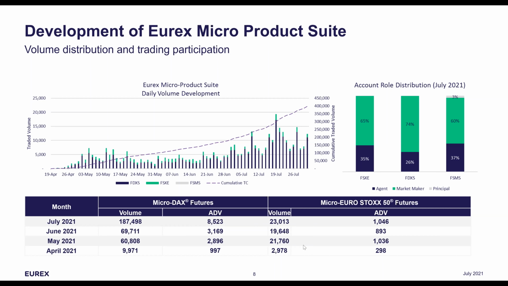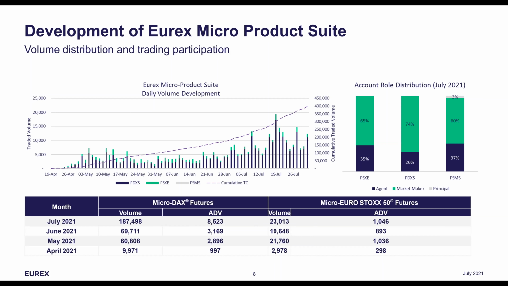How is the account distribution on the product? We're seeing a healthy mix, I would say. I said we have market makers on board, like 7 or 8 market makers who are quoting this. They make about 60%, 70% of the trading volume, but we also have end clients and private investors trading this product, which is around 30%, 35%.